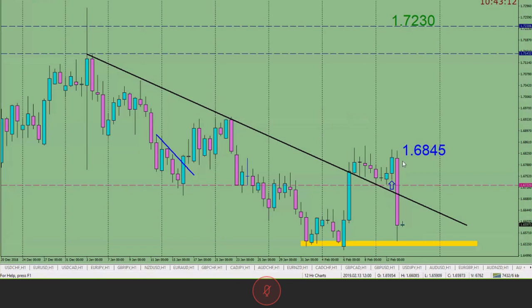But then when I just double checked the numbers and everything, everyone was piled in long. I knew that this was a fake out and that it was going to fall back below the trend line. I didn't know that it was going to happen a few hours later after I was looking at this at the Asian Open, basically. So yeah, it fell back down, and again, that was all foreshadowed by the open position ratio.